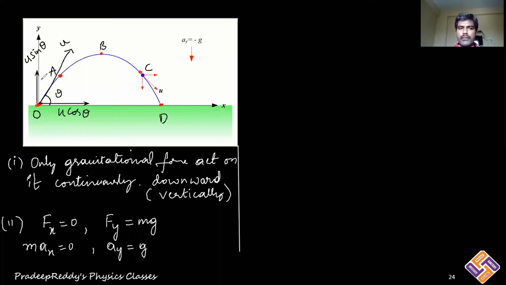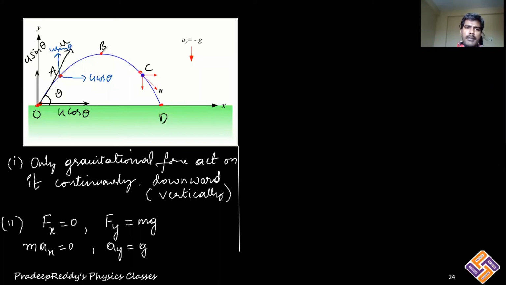So at any particular point, if you find out velocity or displacement, it will have both x component and y component. Check it at this point, you can take that into two components. One component is along horizontal, u cos theta, and one component is along vertical, u sin theta.